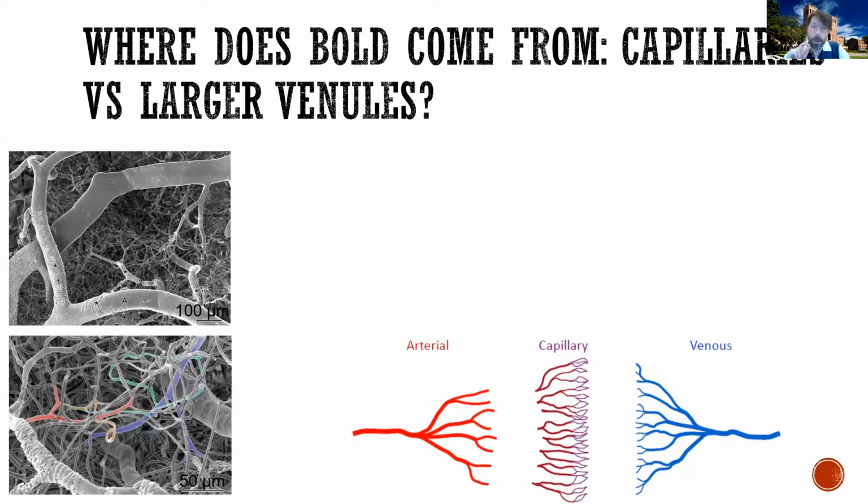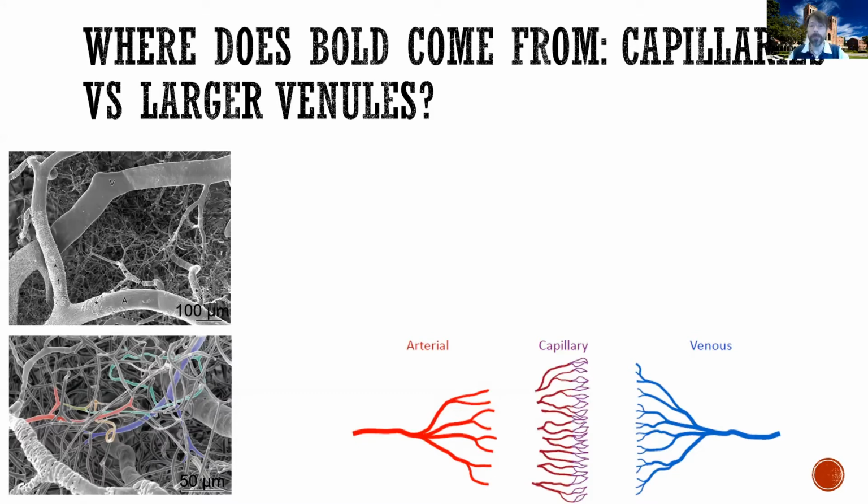So if BOLD comes from capillaries, it tells me something about how precise the link is between the vascular system, which is what I'm using to look at neural activation, and neural activation itself. If BOLD is about capillaries, then I'm very precise with the co-localization of the things in and around blood vessels that give rise to the BOLD signal and the underlying neural activity.